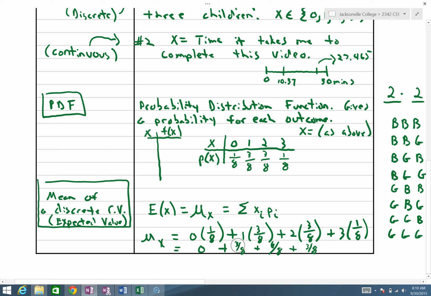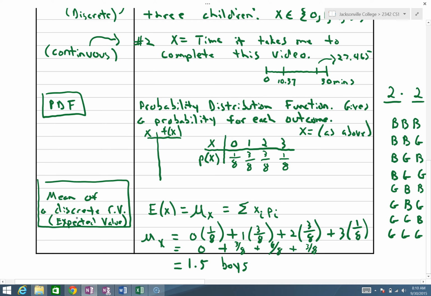And if you add all these up, that's 12 over 8, and 12 over 8 is 1.5. 1.5. What is this 1.5? It's 1.5 boys. Now, I know what you're thinking. We cannot possibly have 1.5 boys. That is true. But that is not what this mean of the discrete random variable means.